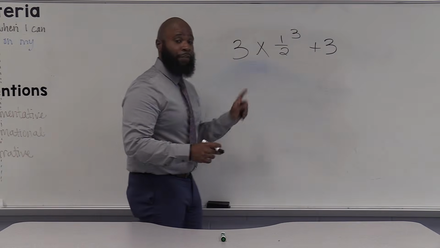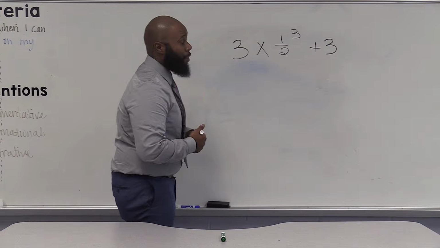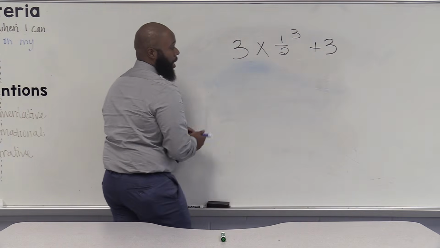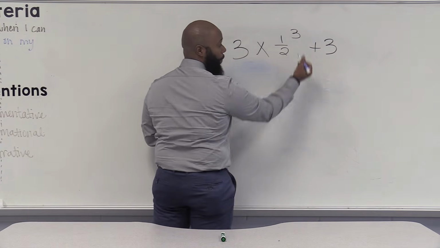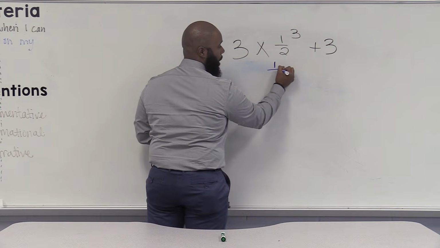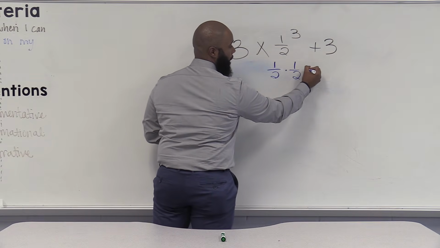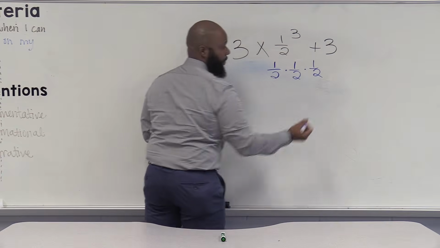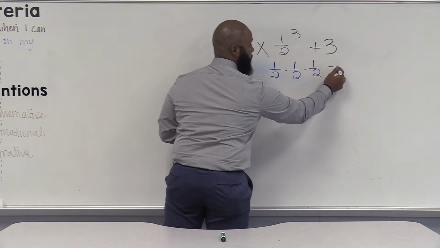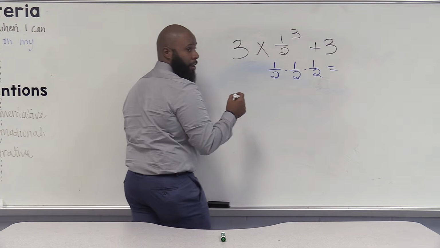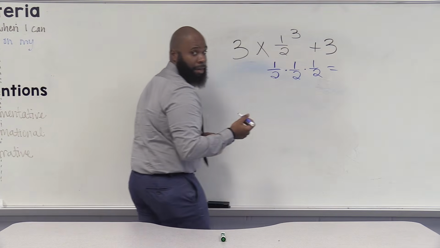All right, so if you said exponents, you are correct. So I'm going to start off with doing my exponents. Let me switch colors. So I know I'm doing 1/2 cubed, which is just 1/2 times 1/2 times 1/2. Remember, when we're multiplying, we multiply our numerators across the top and our denominators across the bottom.